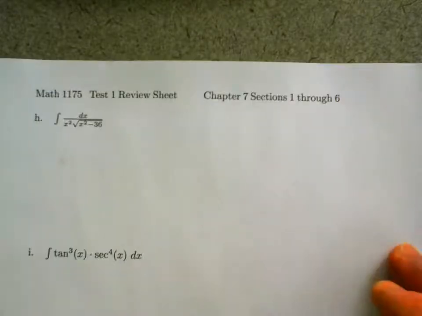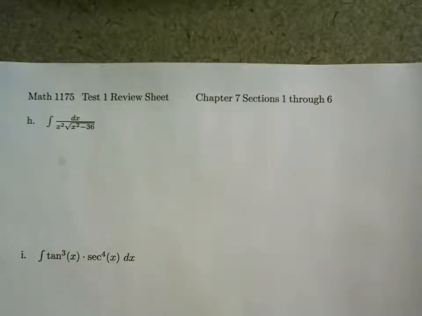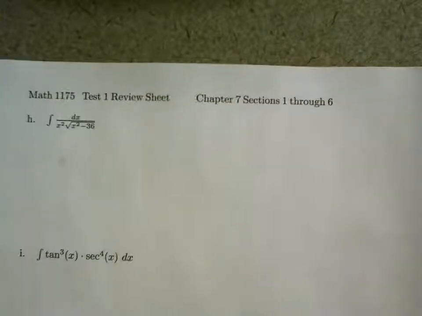Okay, let's move on to the next page. The indefinite integral of dx over x squared times the square root of x squared minus 36. So it looks like a trig substitution could work for this one.